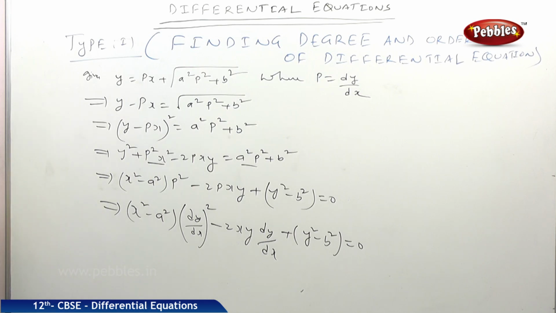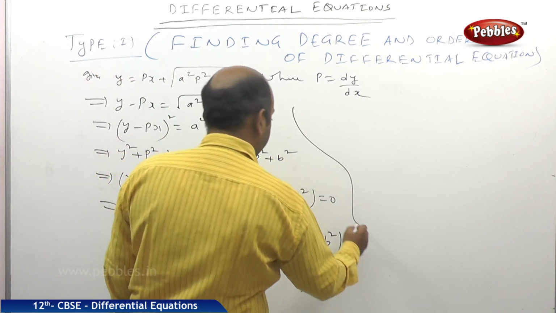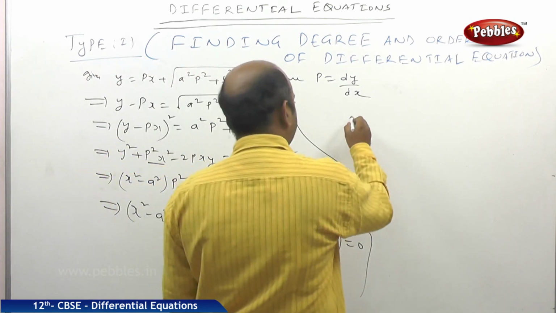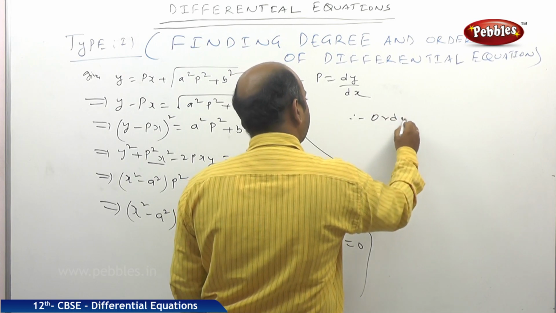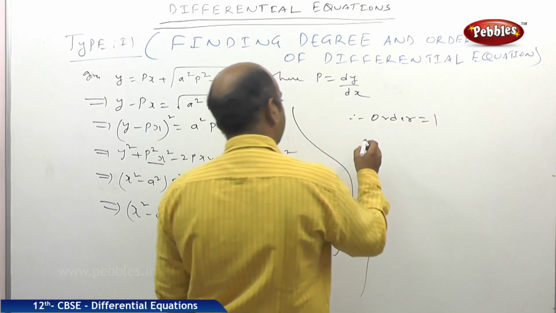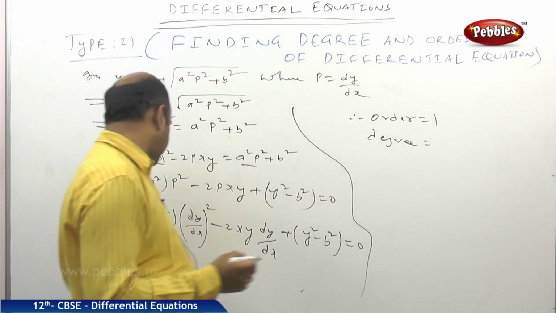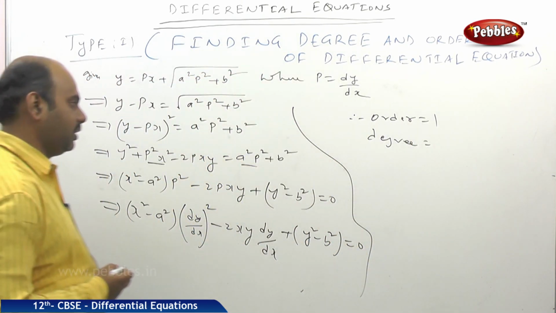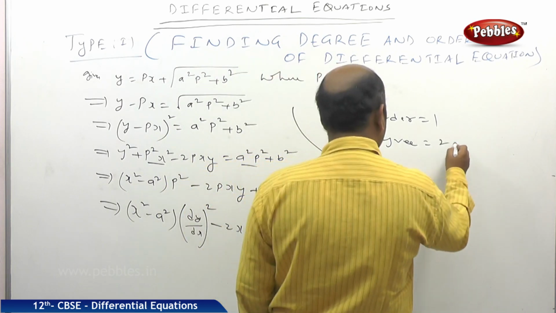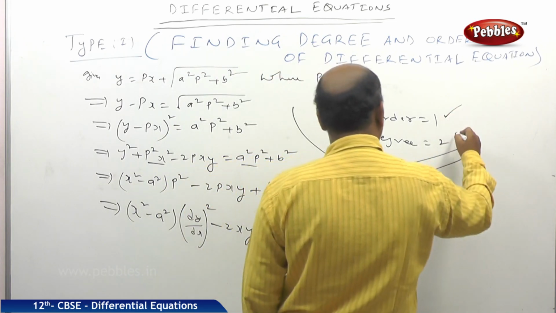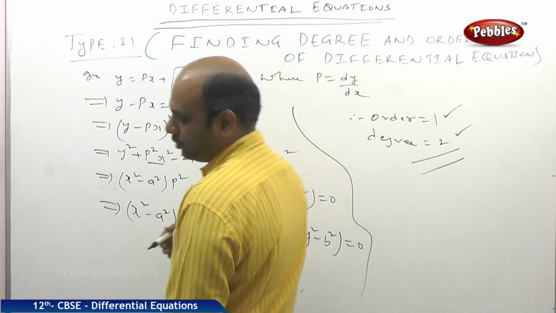Now if you observe carefully, again we are getting a differential equation whose highest derivative is dy by dx. Therefore order I will call it as 1, and our degree means highest order ka power, dy by dx ka power, which is 2. Therefore order is 1 and degree will be 2.